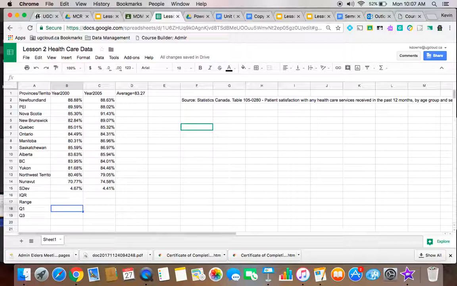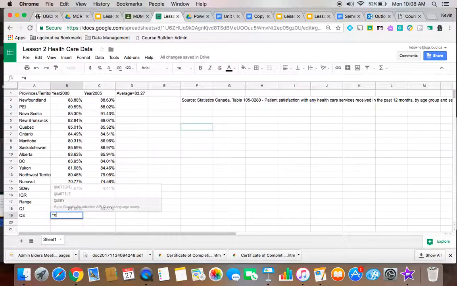The IQR, we're going to do the Q1 first. Quartile is how you find the quartile, so equals quartile, and then highlight. Don't highlight standard deviation, and say quartile 1. And so that's how you get the first quartile. So you don't type Q1, you type quartile, and then you can just copy that over for the year 2005.